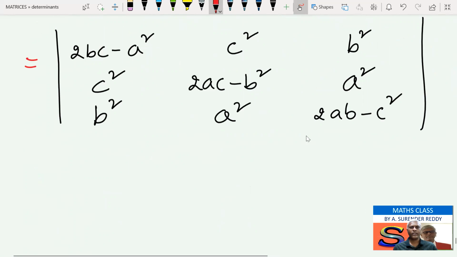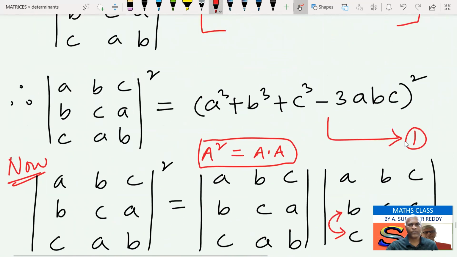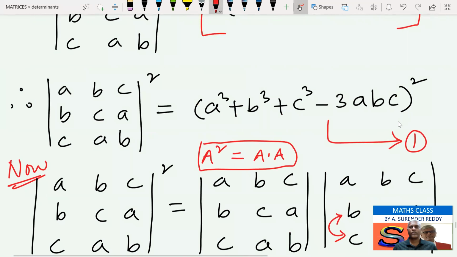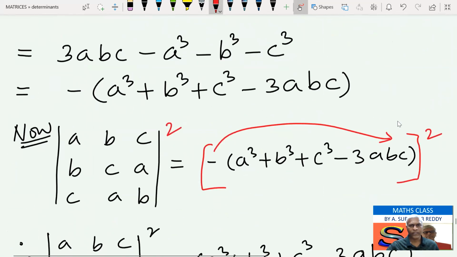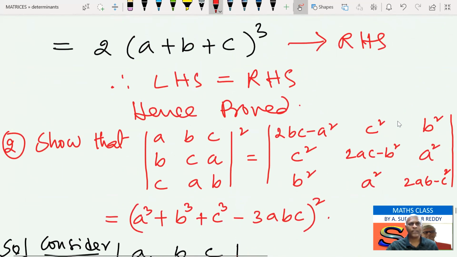So this you can name as second, and this is the first proof. First and second will give us the complete proof.